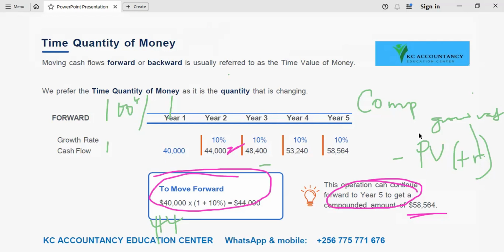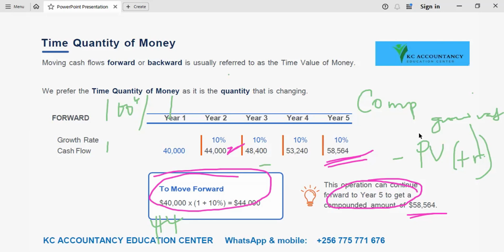And that's what gave us the compounded amount of 58,564 in year 5, this value right here. Now, it's really simple and very intuitive to move these quantities of cash flows forward into the future as they grow.